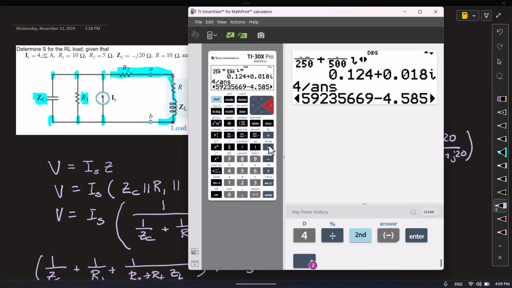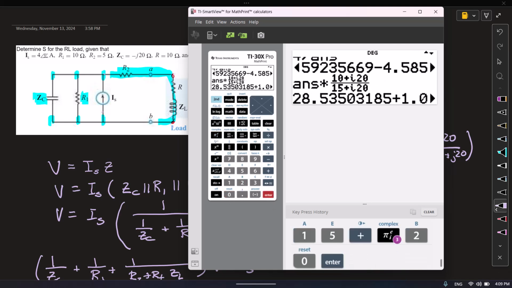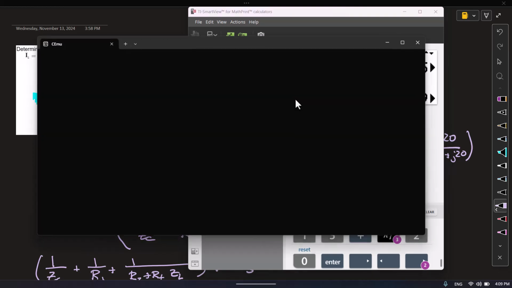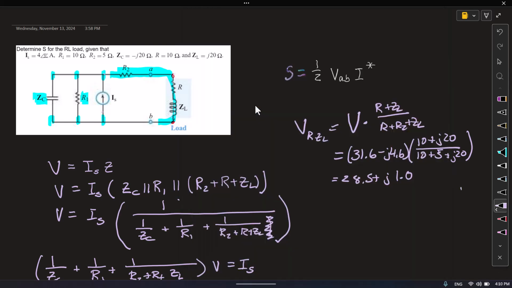So I'll take that answer that I just got times my fraction, 10 plus J20 over 15 plus J20, and I get 28.5 plus J1.0. Okay, so that is my voltage across R and ZL. So that's my VAB. So VAB equals 28.5 plus J1.0.